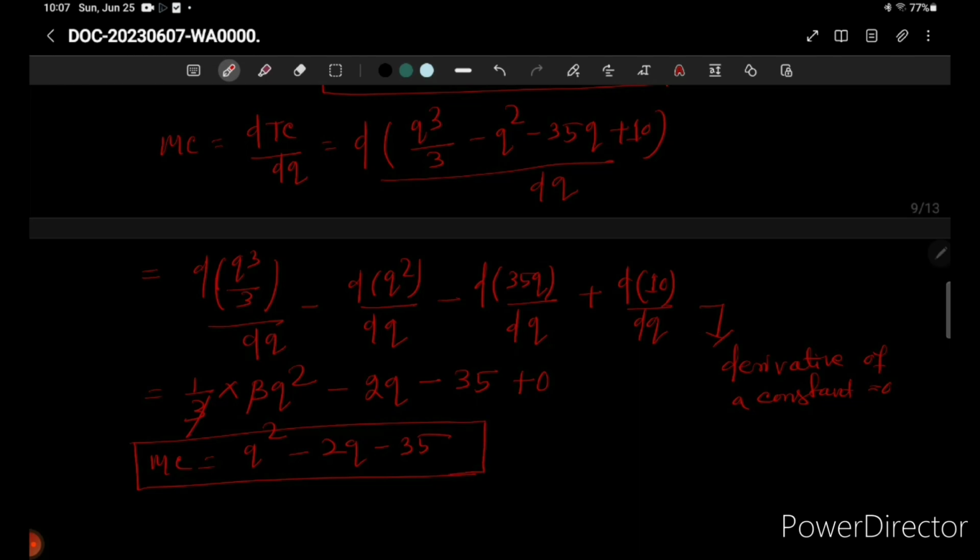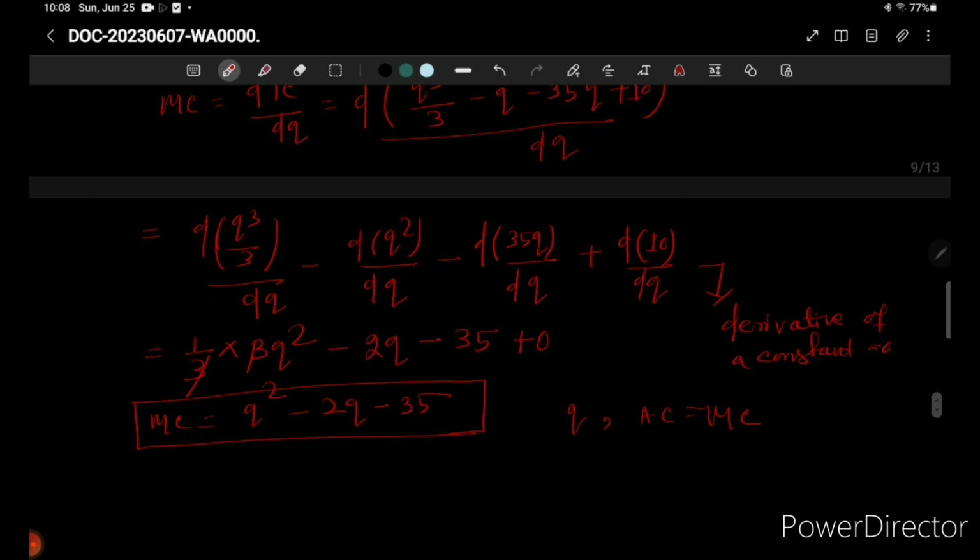Okay. So we have to find out the output where AC is equal to MC.